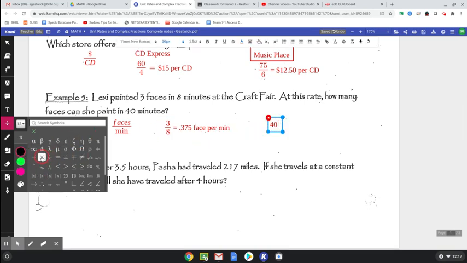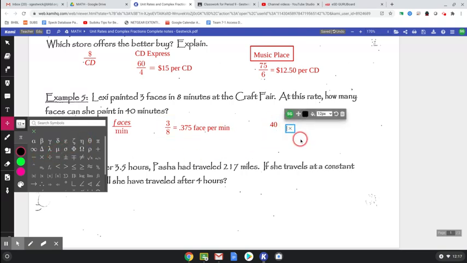There it is. I think you have to put in one of those. Okay, so 40 times the 0.375. Okay. Oh, 15.